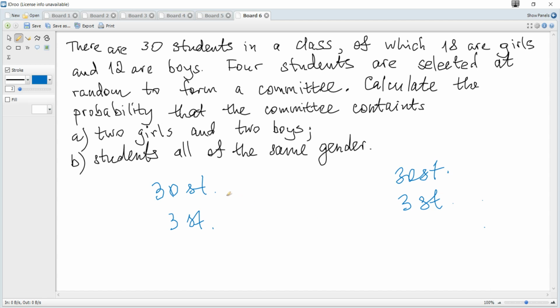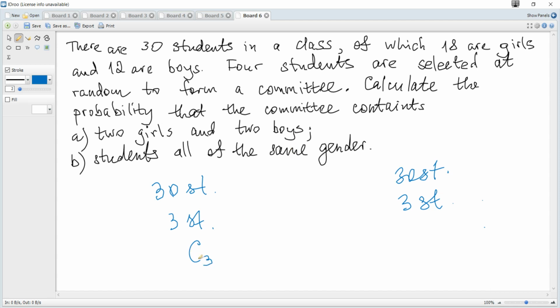What is the difference? The first question, to form a committee of 3, these 3 students are indistinguishable here. Order or roles of these students are not important here. We need just a group of 3 students, and hence it's combinations to find the number of ways to form such a group.